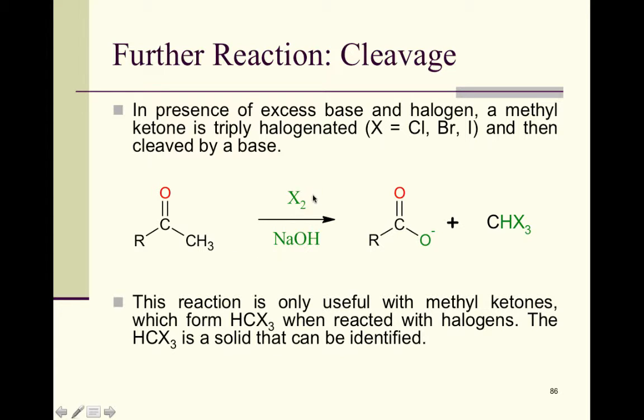Because we learned that it's going to be multiply halogenated, in this case triply halogenated, what's going to happen is this CH3 would have had 3 bromines on it, but when the base comes in, we'll get another oxygen here, and this carbon with its 3 halogens will now be given off also as a product. This reaction is only useful with methyl ketones, which form HCX3 when reacted with halogens. The HCX3 is a solid and can be identified.